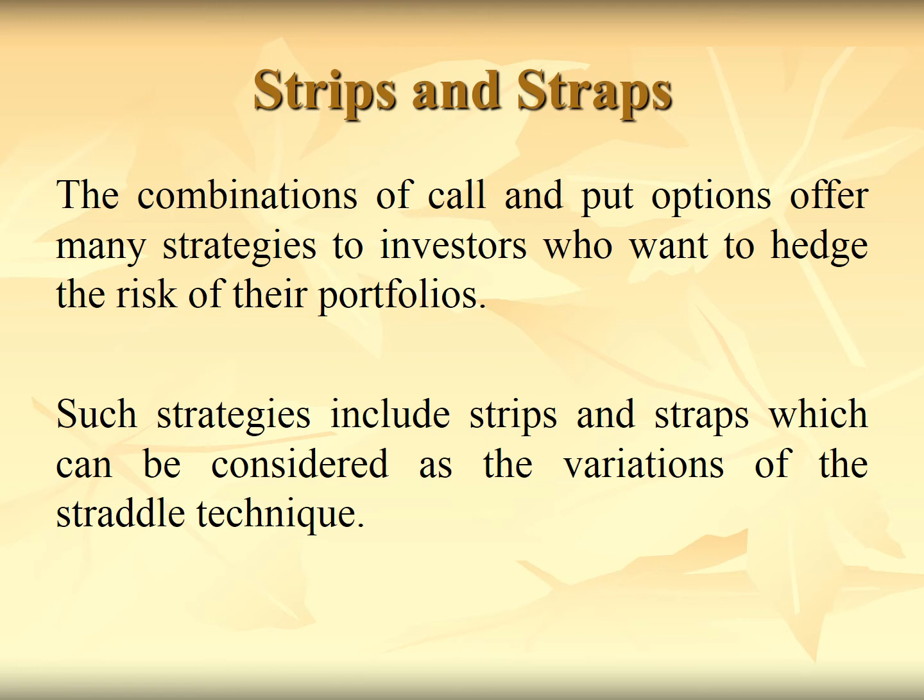Straddles we have already discussed in the previous lectures, and now in this lecture we are focusing on strips and straps. Basically, strips and straps can be considered as variations of the straddle technique.